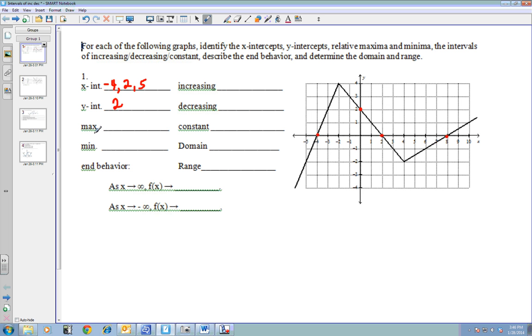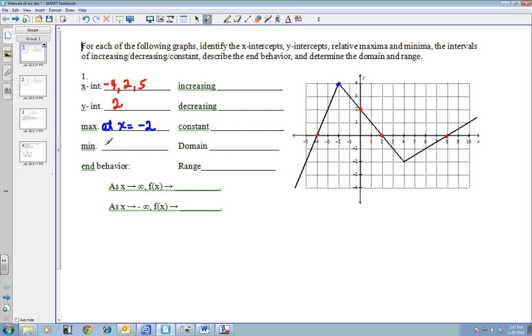And now we're going to write down where a max occurs. When we write down where a maximum occurs, we're going to write down the x value at which it occurs. So I have a local max right here. So I'm going to say I have a local max at x equals, and what is the x value that local max occurs? Well, it's at x equals -2.